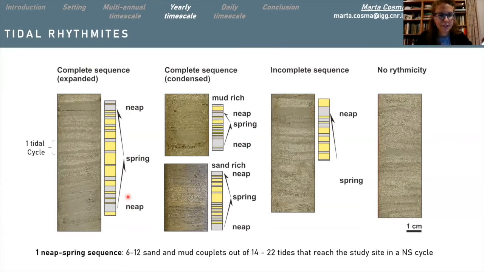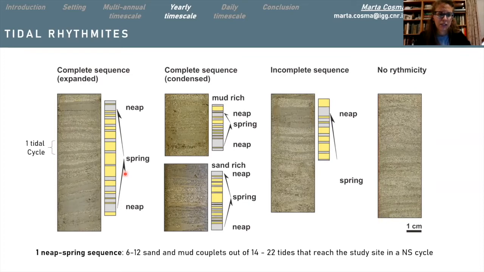We have from 6 to 12 tidal cycles recorded in a neap spring sequence, usually out of the 28 possible in a semi-diurnal tidal regime.